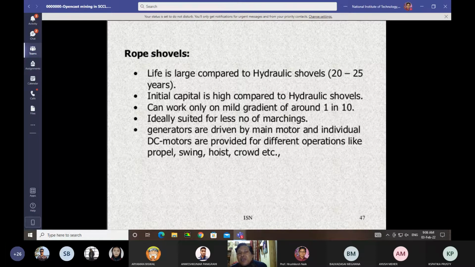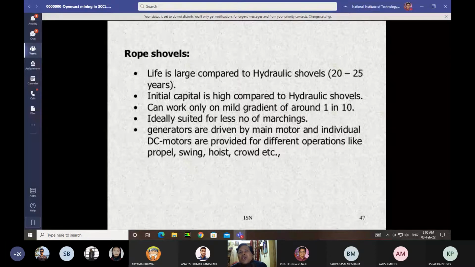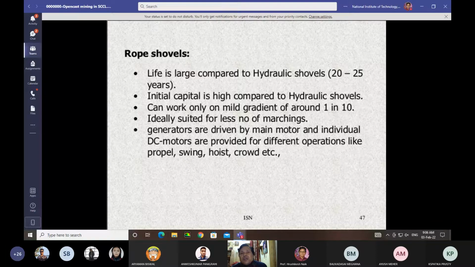They are very big machines, and your mineral deposit should be available in sufficient amount to mine the deposit with the help of electrically driven shovels, because they are very, very big machines.